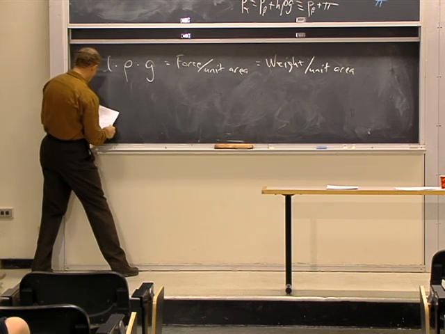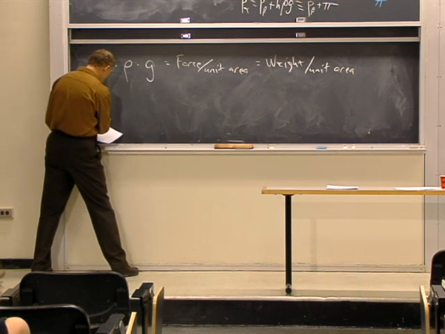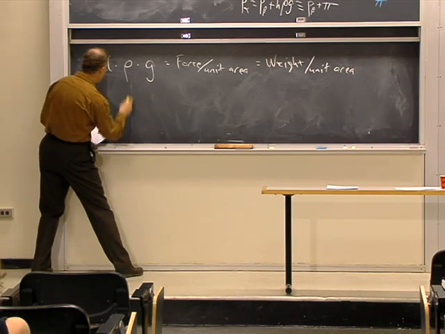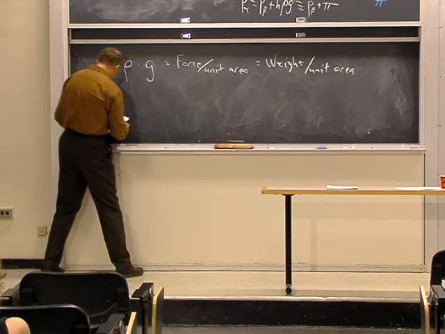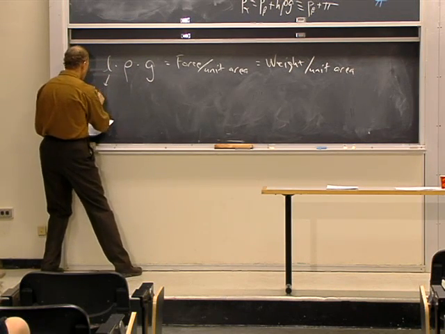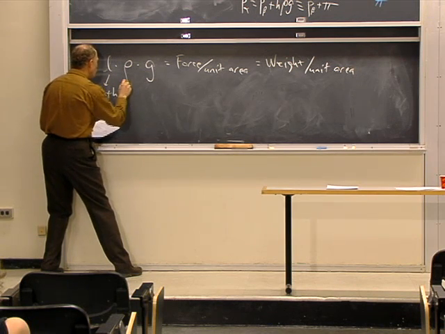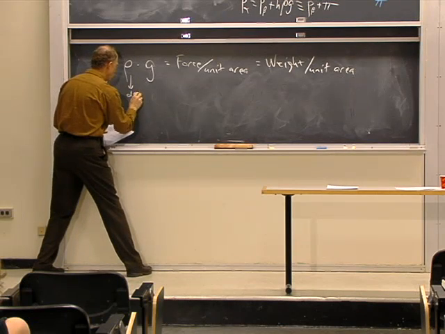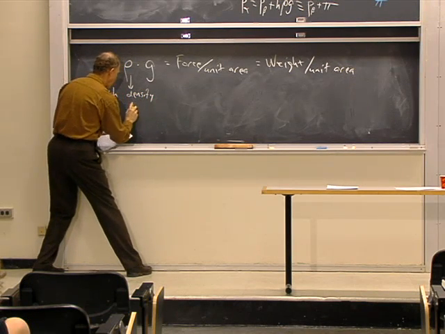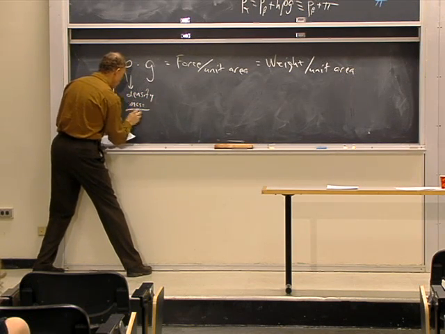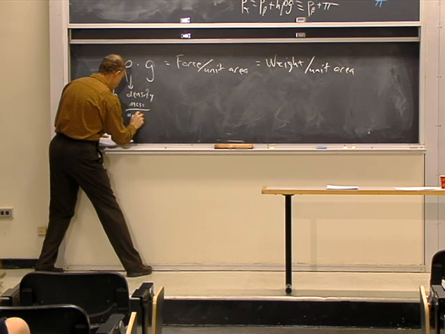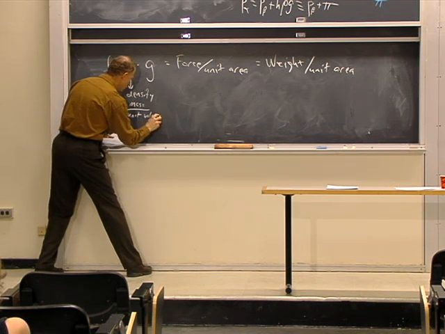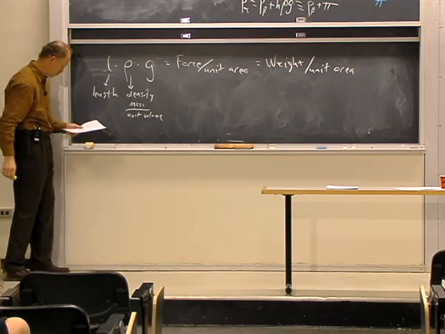So what happens? Well, this is just length. Rho is a density, right? So it's mass per unit volume.